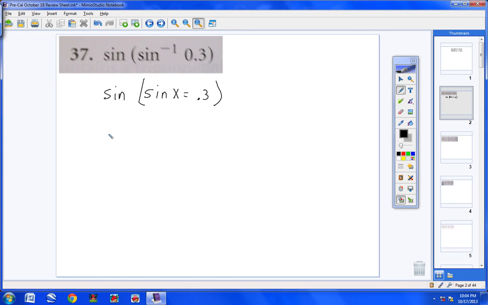So now we know that the angle we're looking for is 17.4576, etc. Then bring down your sine, take the sine of that degree, and you'll get out, trust me, 0.3. We just went in a circle. Look, students, we said to ourselves, what angle, when I take the sine of it, gives me 0.3? And then when I got that angle, I took the sine of it, which gives me 0.3. Hope that makes sense.